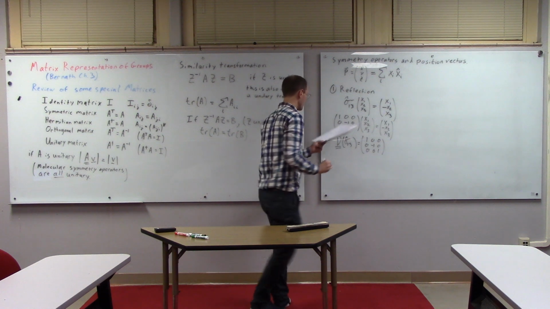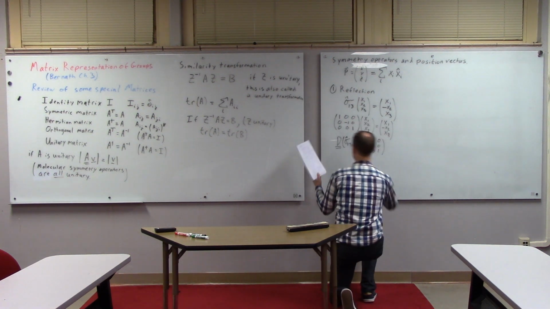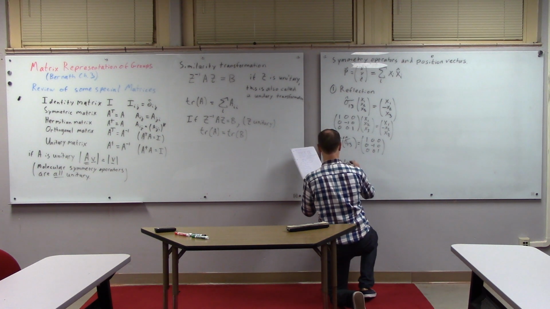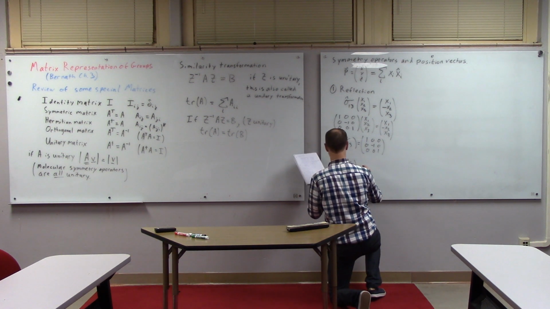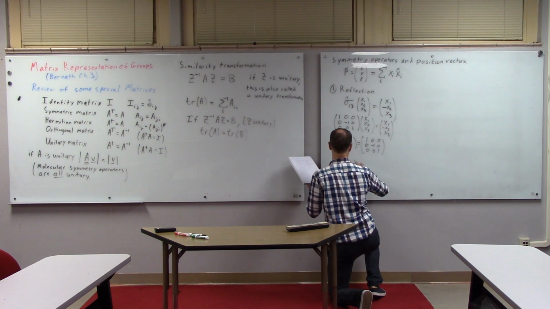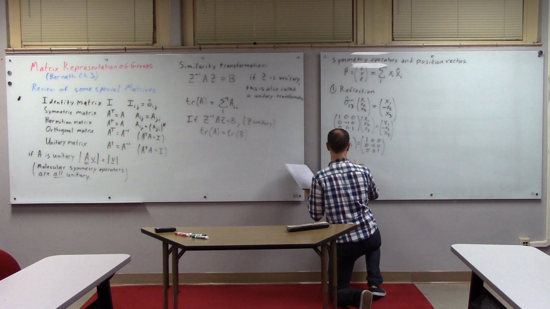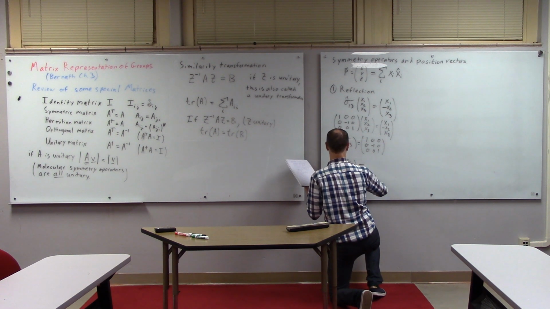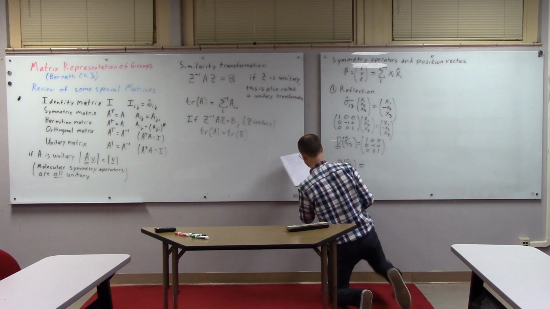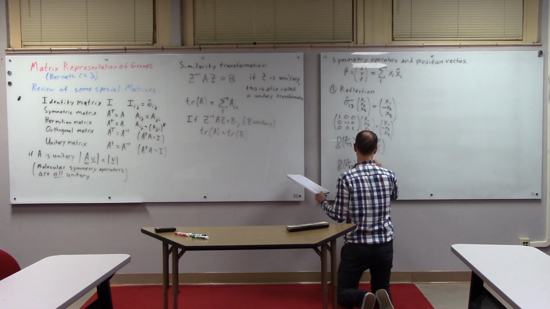And by similar arguments, you can show that if you have a reflection across the xy plane, that one is going to multiply the z coordinate by -1.